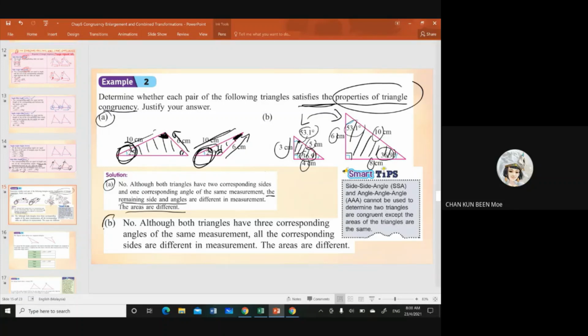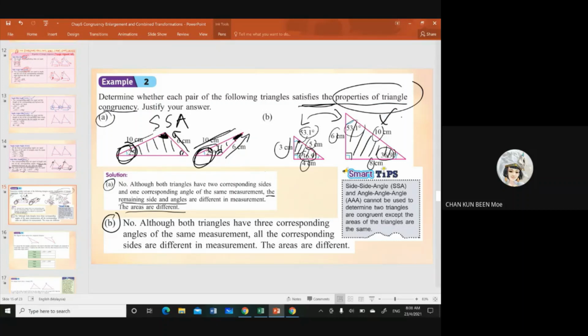Okay, so you look at the answer for this one. No, although both triangles have 3 corresponding angles of the same measurement, all the corresponding sides are different in measurement and the areas are different. So look at the smart tips. This one is important. Side, side, angle. This one, side, side, angle. And angle, angle, angle.